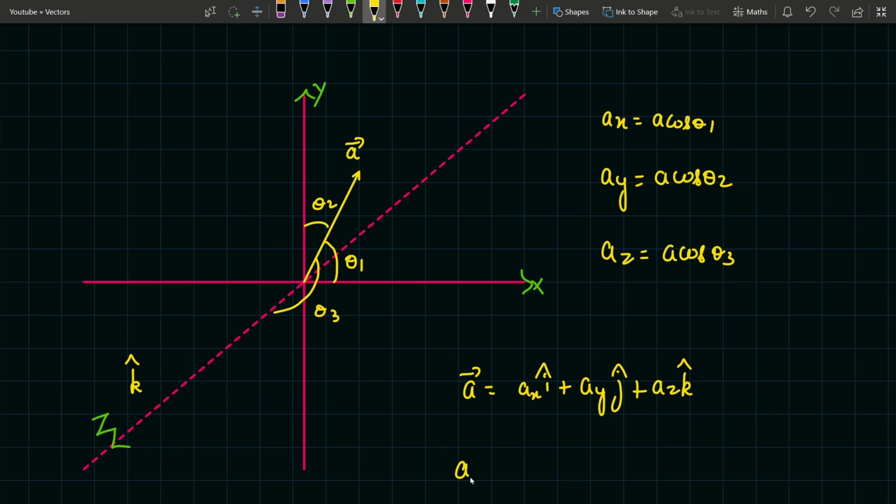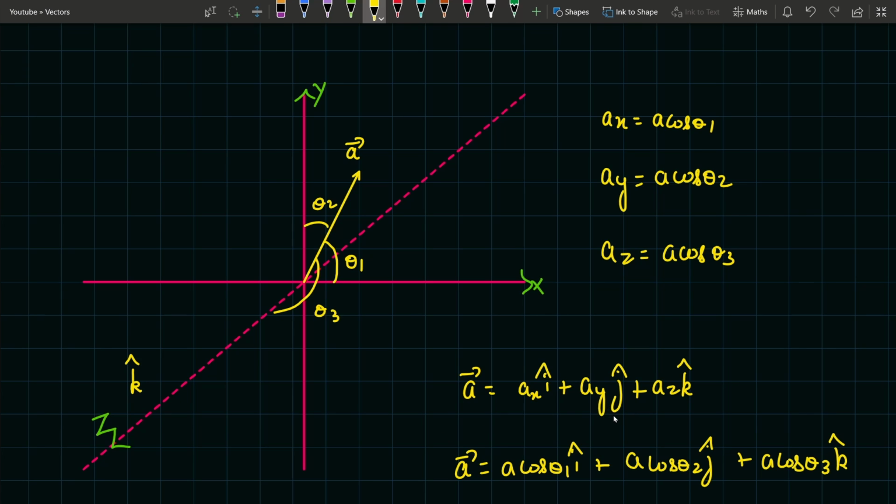What is this? A cos theta 1 i cap plus A cos theta 2 j cap plus A cos theta 3 k cap. So this gives us the formula to represent a vector in its three-dimensional components.